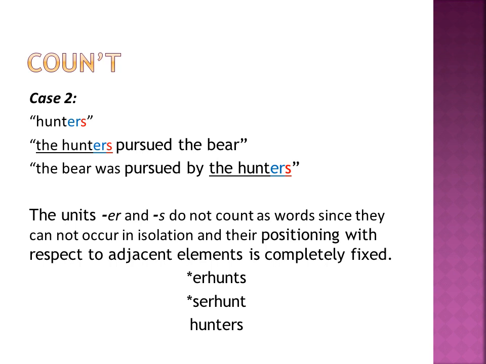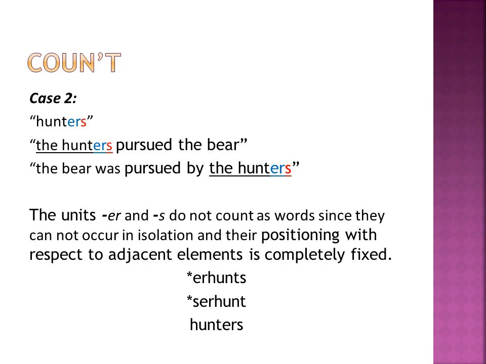What does it mean to occur in isolation? It has its meaning, even if there are no units ER and units S, right? It has meaning. Meanwhile, if you delete the word hunt and try to find out the meaning of this one, it's impossible.